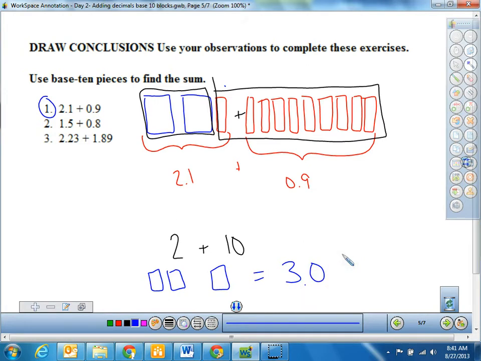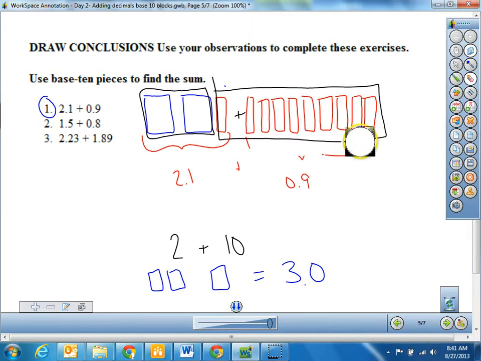All right, well, that certainly works, and I urge you to continue drawing it out if this is something that is not coming easy to you. But some of you are ready to move on and just start using the numbers and not the manipulatives. And so we're going to practice that just a little bit. So when we look, we're going to take our second problem here, 1.5 plus 0.8.